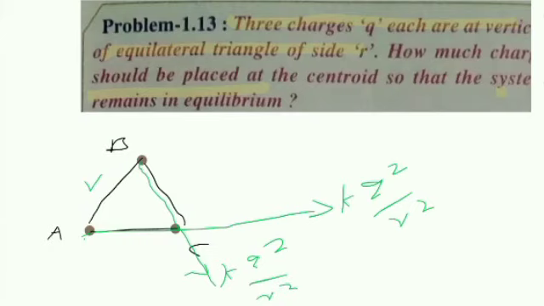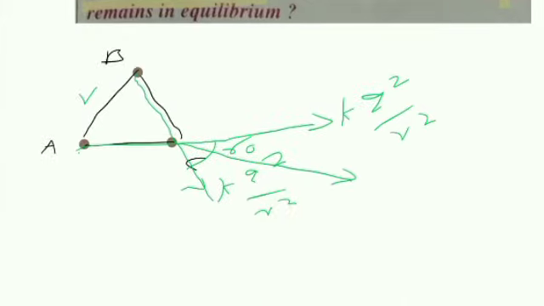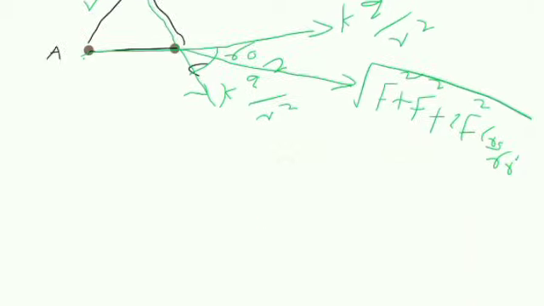Resultant force passes through the center between two vectors, the angle between them is 60 degrees, and both are equal forces, then under root F square plus F square plus 2F square cos 60 degrees.